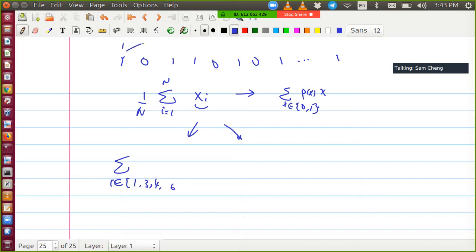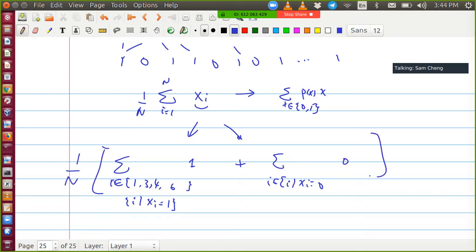This is the set of i such that x_i is equal to 1, and in that case x_i is just equal to 1, plus the set of i where x_i is equal to 0, and this contributes 0, with 1 over n.